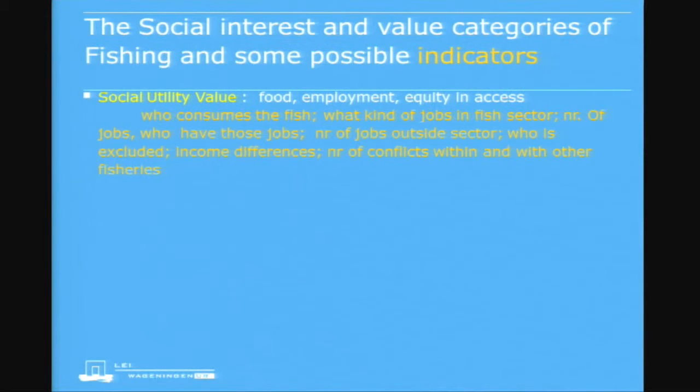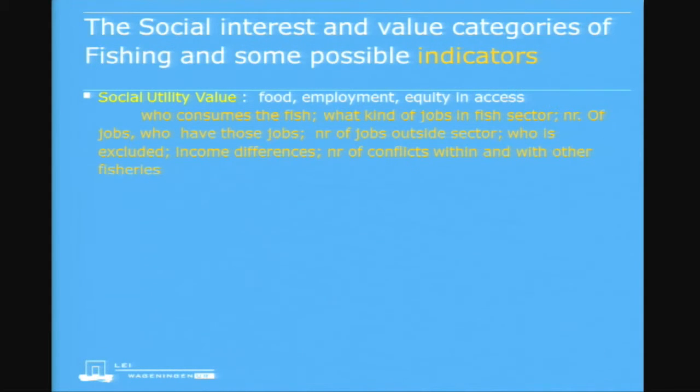I'm not going to concentrate on the economic and the ecological interests and values because they have been addressed already. So, one of the tasks for MYFISH is to find some indicators.